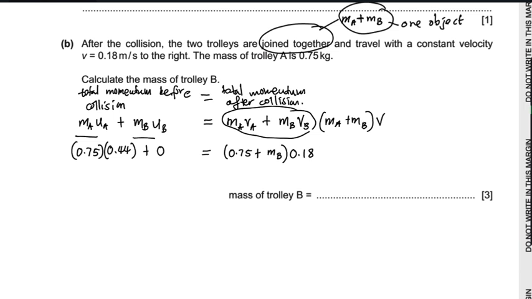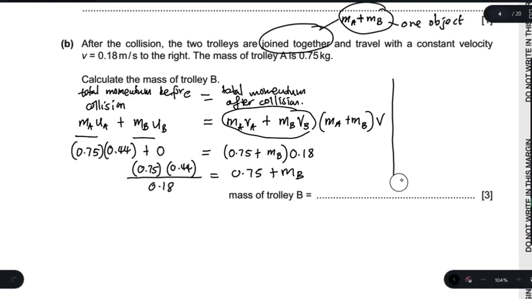Okay, and we can expand here. I think we can have 0.75 times 0.44 divided by 0.18 equals 0.75 plus mB.